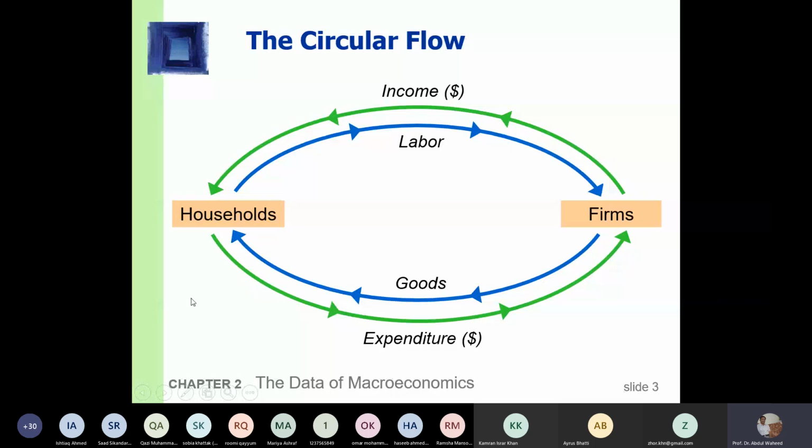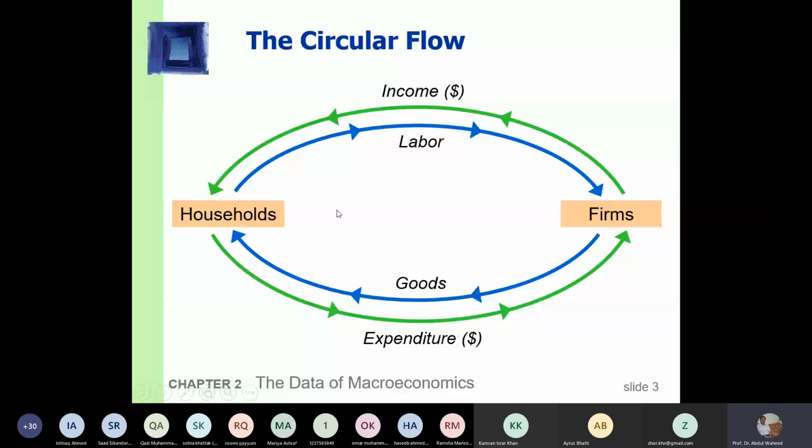In this circular flow, the government sector, the third sector, is missing. When we introduce government, it becomes more complicated because government collects taxes from household and from firm, and then government pays transfer payments, and also makes expenditures, so it becomes more complicated.